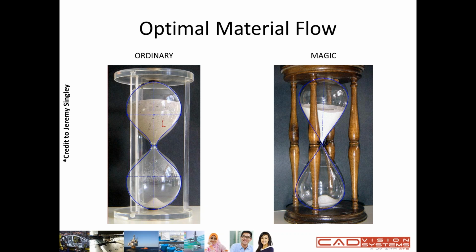On the left we have an ordinary hourglass, and on the right we have a somewhat magical hourglass shape. Overall the shape is actually the same. So what exactly makes the left one ordinary and the right one magical?